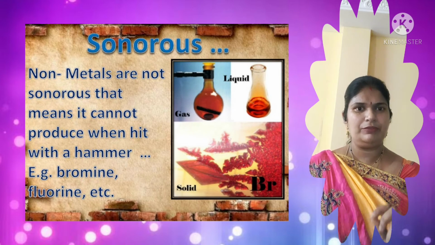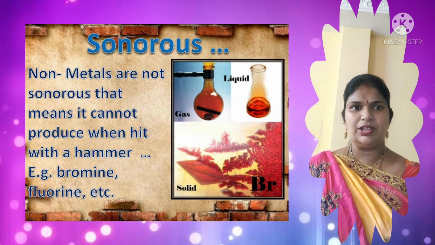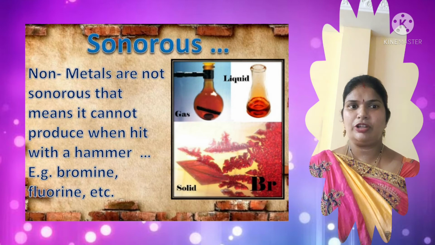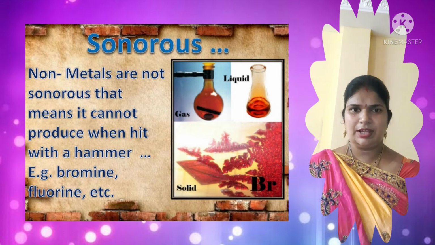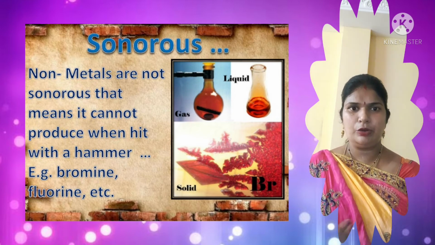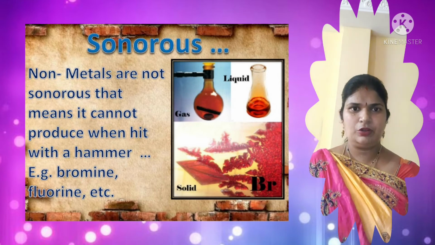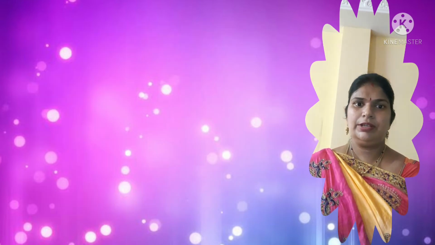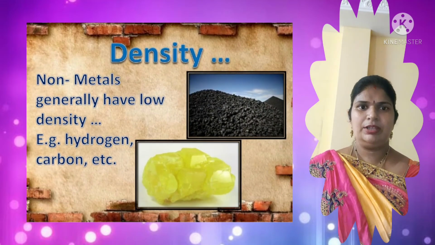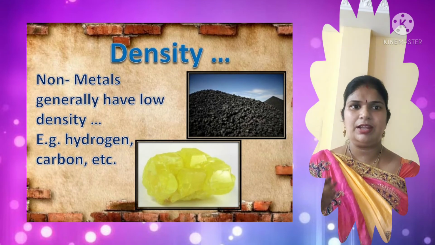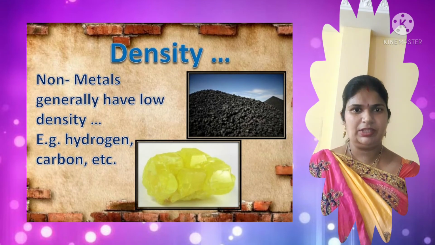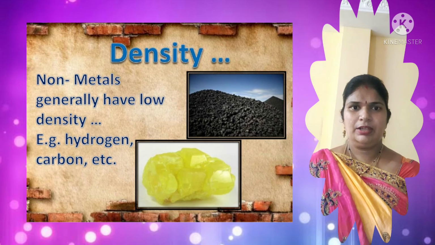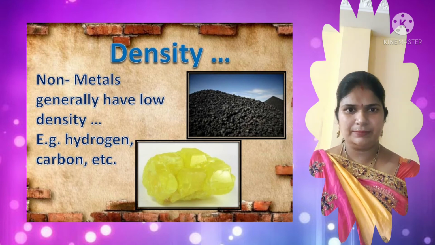If we hit them with each other, they won't produce any sound. They are non-sonorous in nature. Example, bromine, chlorine, etc. Then coming to density. Non-metals are less in weight, they are low dense, like for example hydrogen.